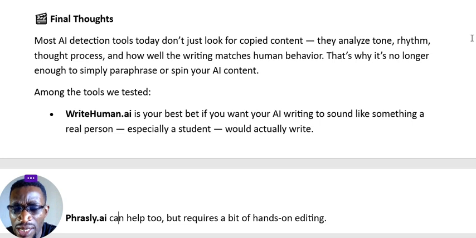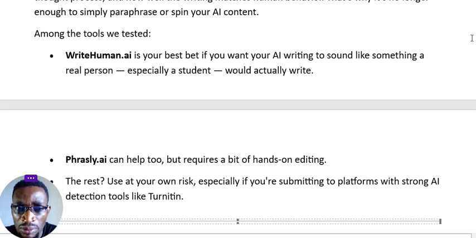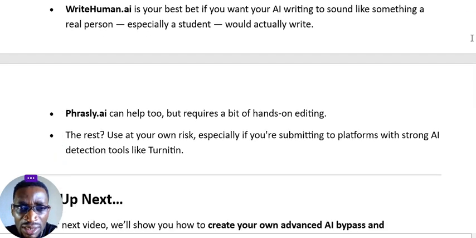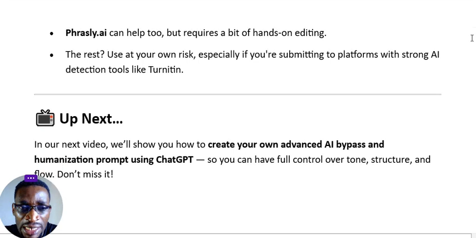So it's no longer news that you can just rephrase or spin your AI content and it will bypass. No. It has gone above that. So we've identified two tools already, which are WriteHuman AI and Phrasely. The rest, use at your own risk, especially if you are submitting to platforms with strong AI detection tools like Turnitin.